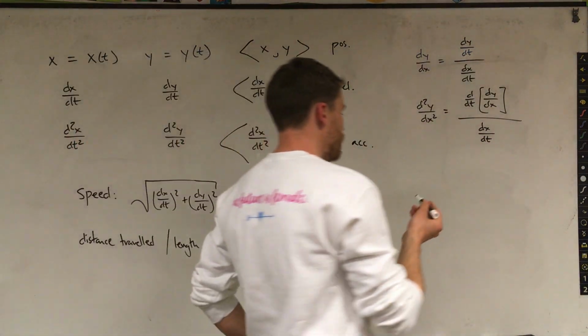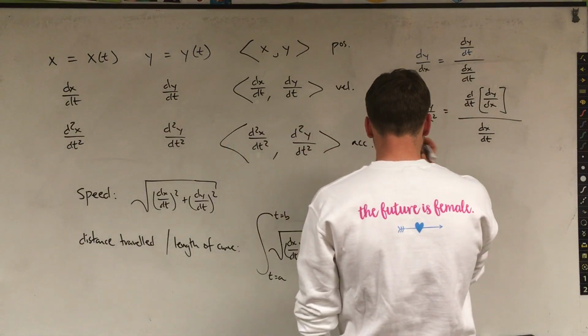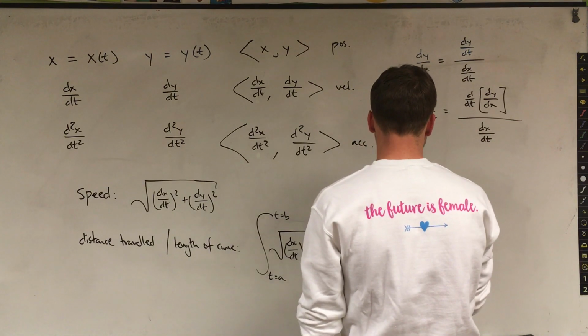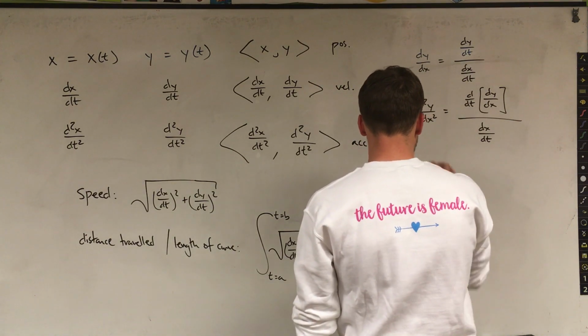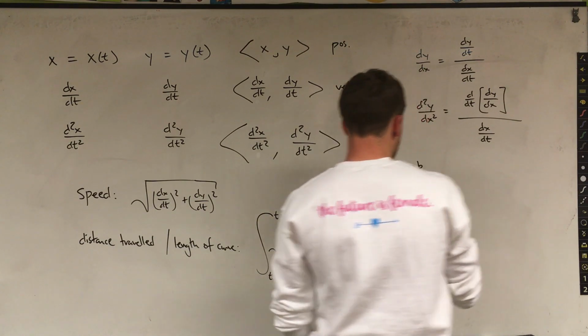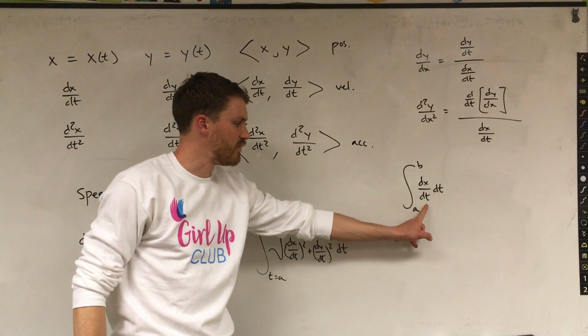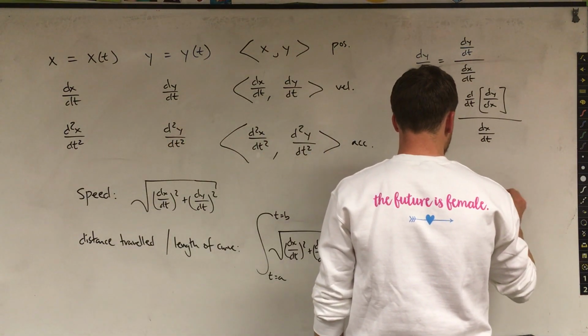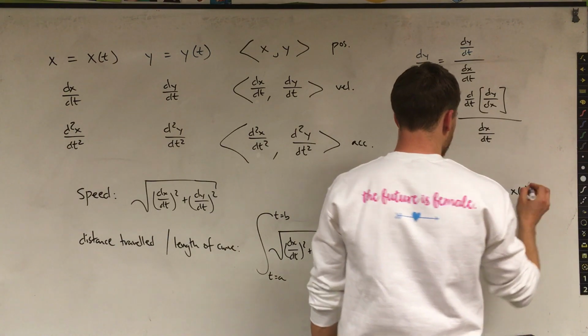One other thing I want to remind you of is if we integrate velocity, say from a to b, and we integrate our horizontal velocity, we should get the change in our horizontal position.